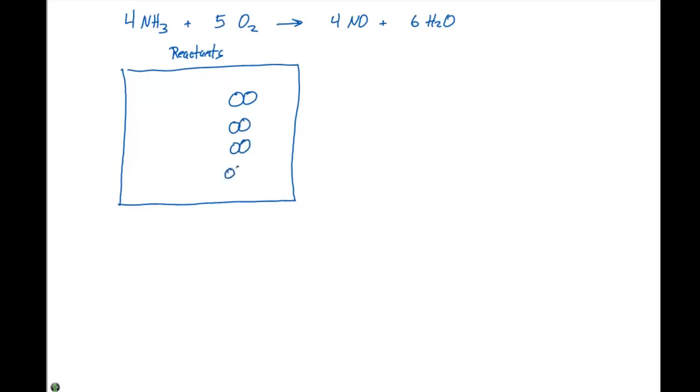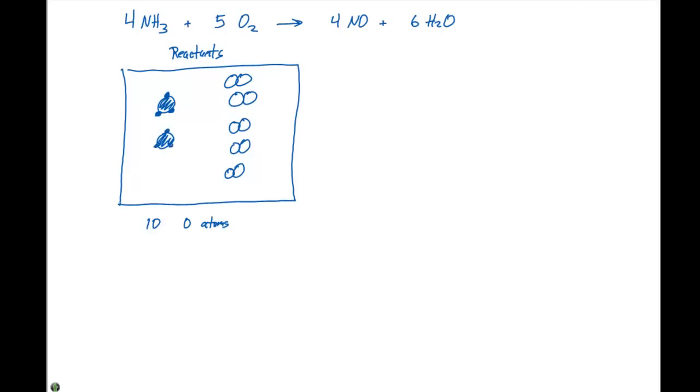So we have 5 O2 molecules over here. So when we have each of these molecules, that's going to give us 10 oxygen atoms. In addition, we have 4 ammonias. So we're going to write nitrogen, kind of shade them in like this, and there's going to be 3 hydrogens around each one of these nitrogens.